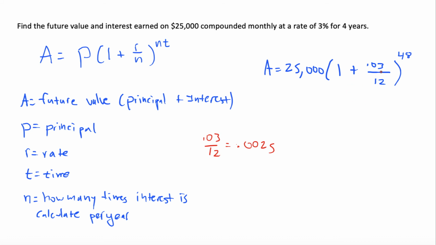You can leave this value in your calculator and then just do the next step. Just hit plus 1 to that. The next thing we want to do is raise this to the 48th power.